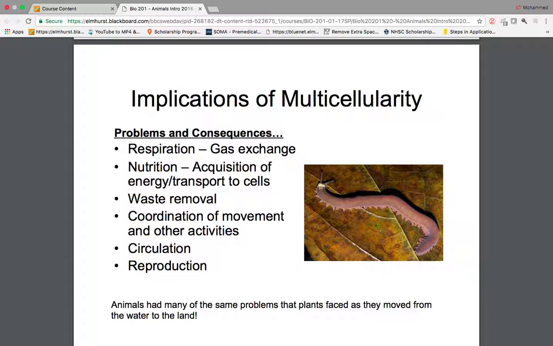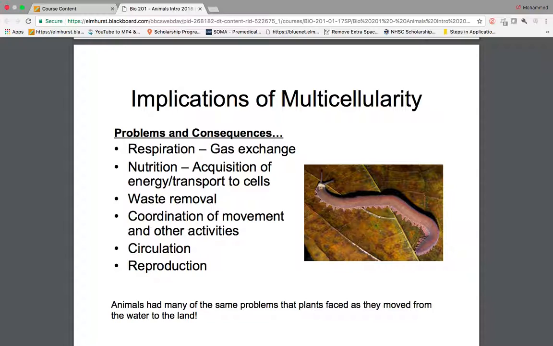In fact, if you look back at each one of these things, how do you deal with circulation? How do you deal with waste removal? How do you get energy acquisition? How do you have gas exchange? Those were all things that we saw were a problem in land plants, weren't they? Those were all problems that had to be overcome. How did they overcome the respiration and gas exchange problem?